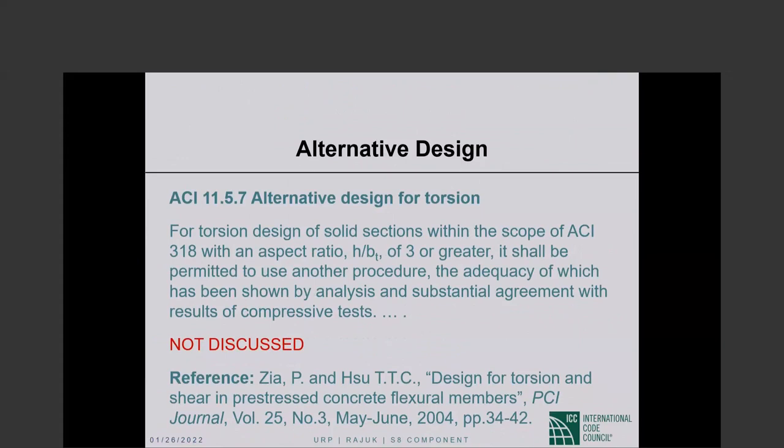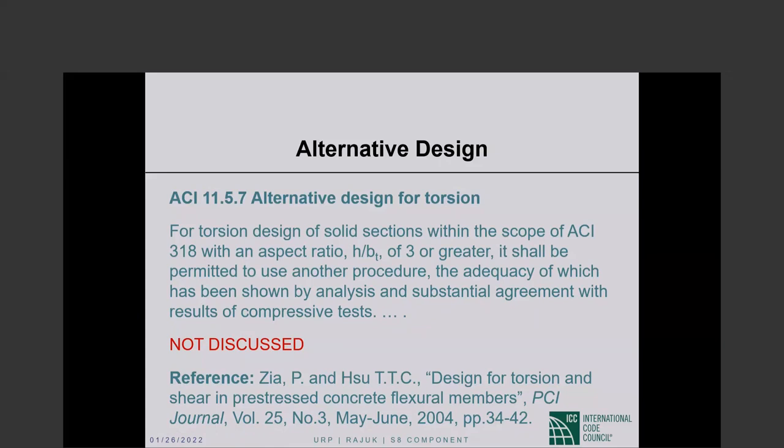Then in ACI 318, there is an alternative design procedure, basically for precast spandrels that have a certain aspect ratio, height over thickness. So these are tall, thin spandrel beams for which we do not have to use the thin-walled tube analogy.